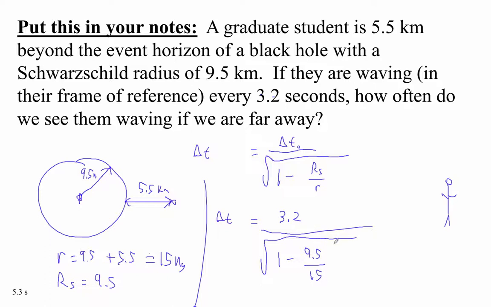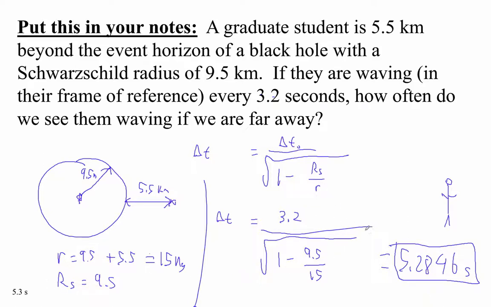So 3.2 divided by the square root, left parenthesis, 1 minus 9.5 divided by 15. I'm getting 5.2846 seconds between waves, which is about 5.3.